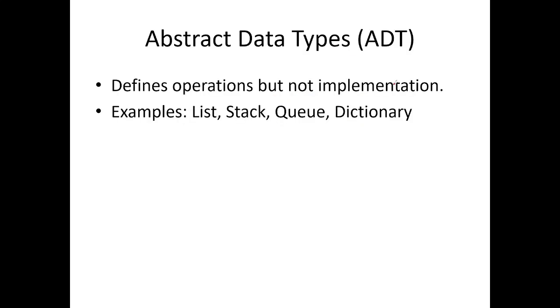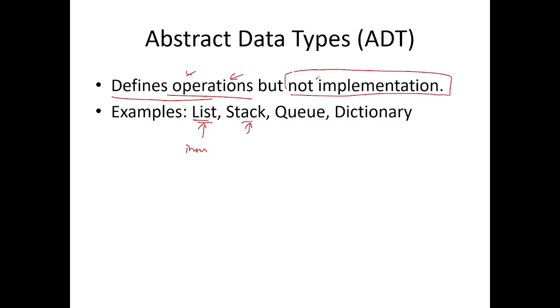Okay, now the next concept, abstract data types. Here you are going to define just the operations. In a list you have a different way of inserting compared to a stack. We are just going to define how you insert an element in a list and a stack, and you are not going to say how you are going to implement it.